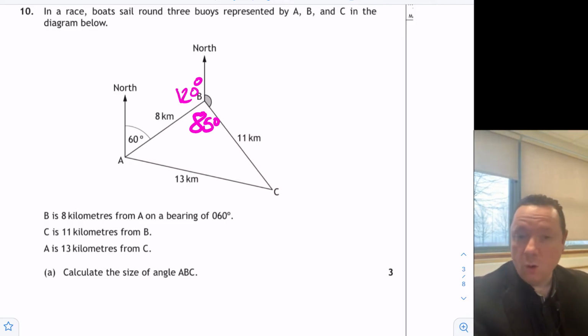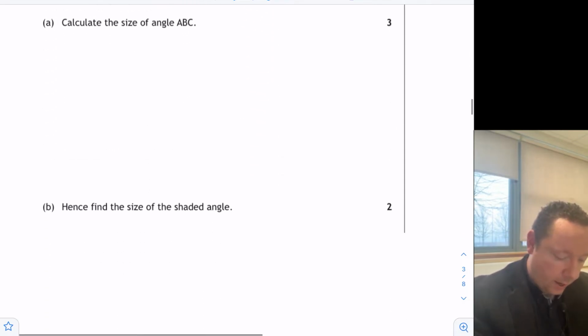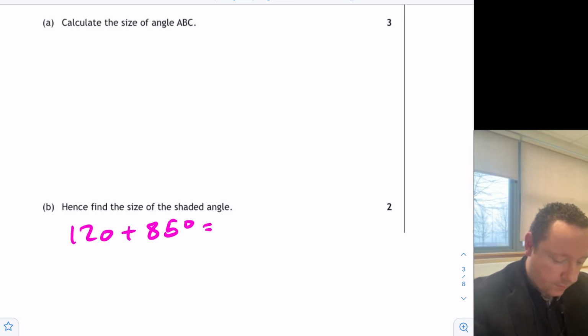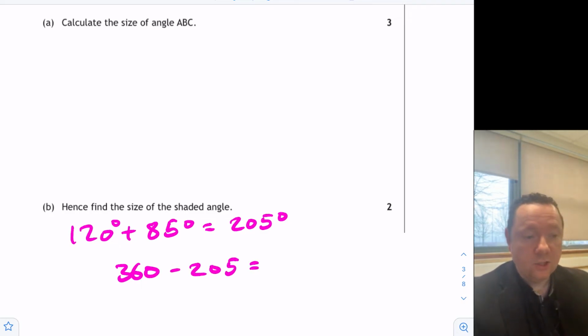And our second rule, we often use angles around a point add up to 360. So we can say 120 plus 85 degrees is equal to 205 degrees. So we get 360 minus 205, which just gives us an answer of 155.